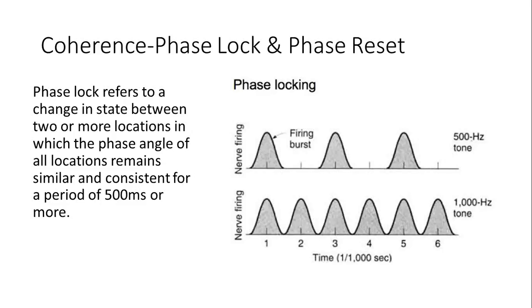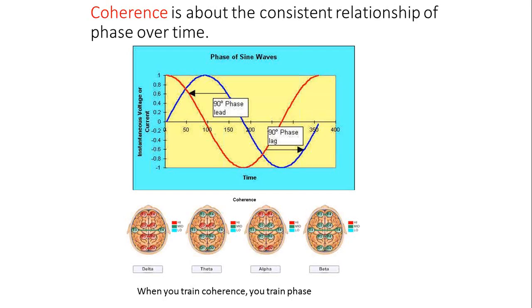Okay, so you have this constant relationship between two locations where the relationship is kind of in a floating state, and other times they're locked together in timing. And this is how we think that networks connect and disconnect with each other, and they do it constantly, all the time, to communicate.